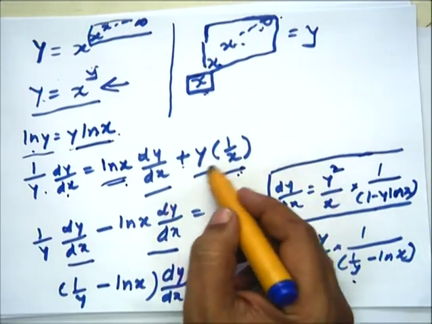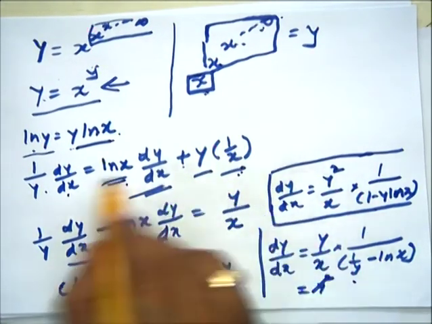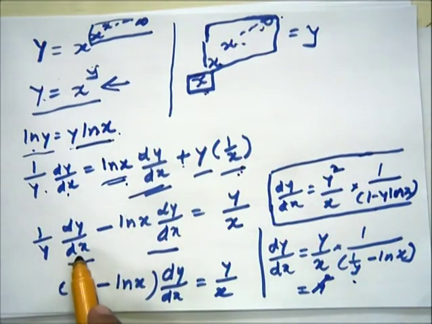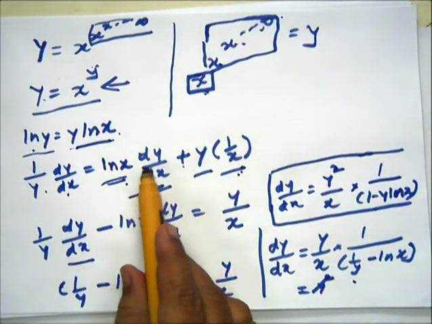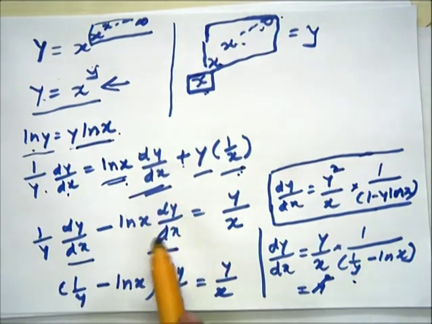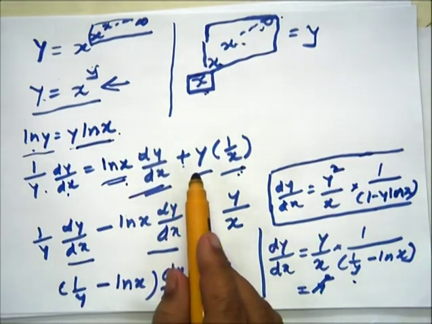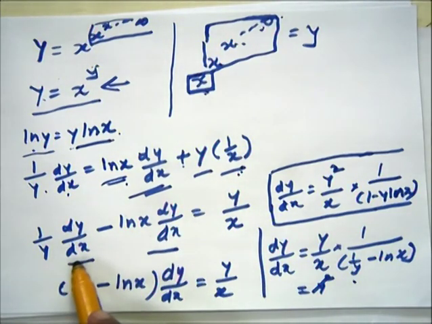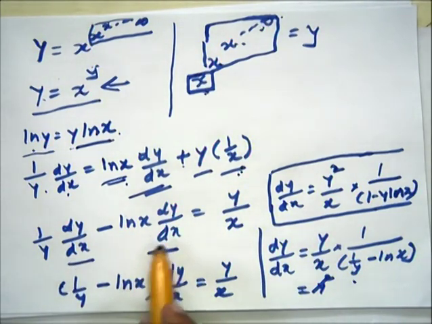Now if we take this term on the left hand side, this is 1 upon y dy by dx minus log x dy by dx, and this is equal to y by x. Now taking dy by dx common from these two, we have 1 upon y minus log x, into dy by dx, is equal to y by x.